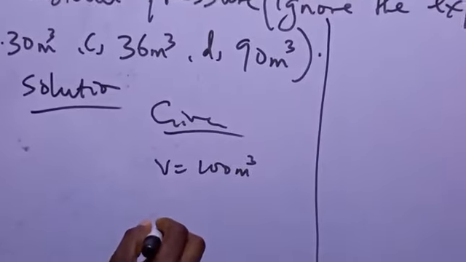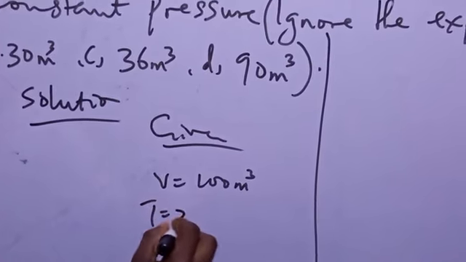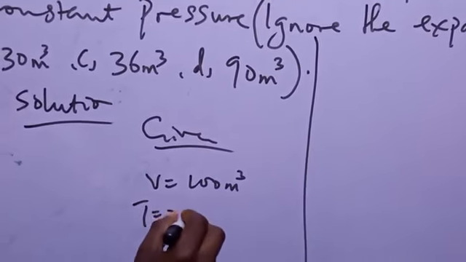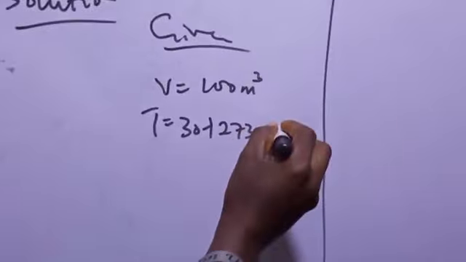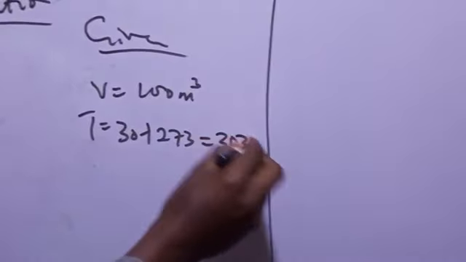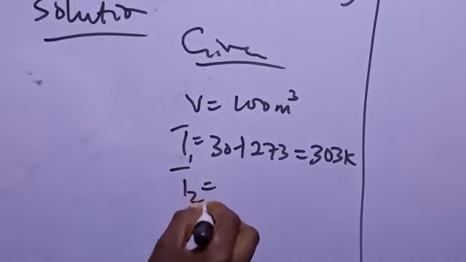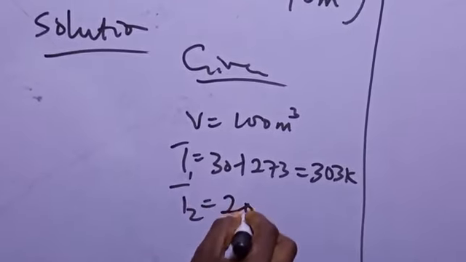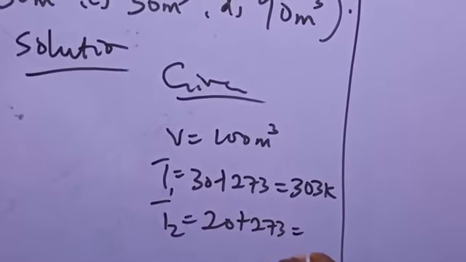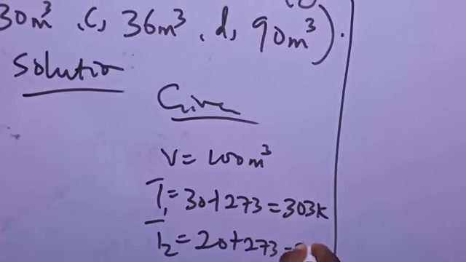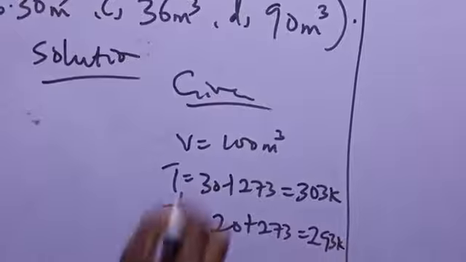We have temperature, as usual: 30 degrees Celsius plus 273, which is equal to 303 Kelvin. That is T1. We also have T2, the current temperature, 20 plus 273, which is equal to 293 Kelvin.